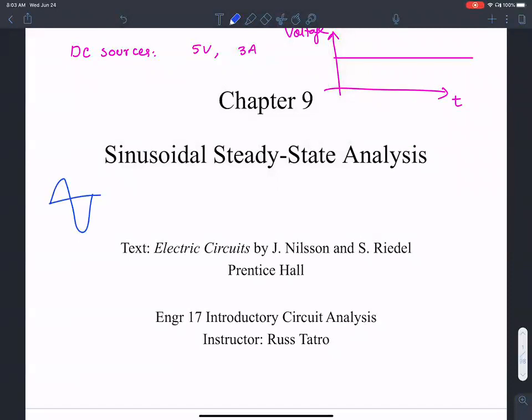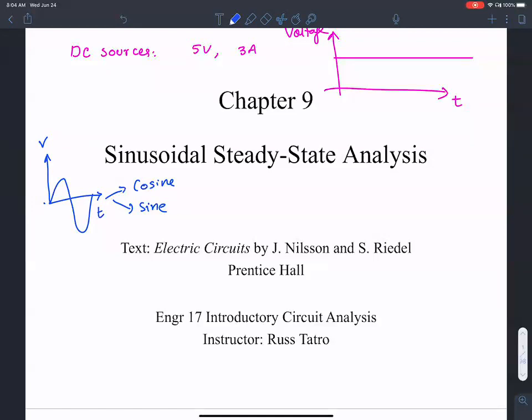We are mostly interested in cosine and sine. If I plot the voltage value of this with respect to time, it would be a sinusoidally varying waveform. It could be cosine or it could be sine.